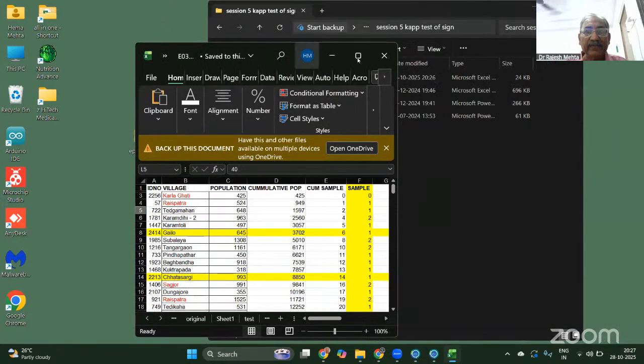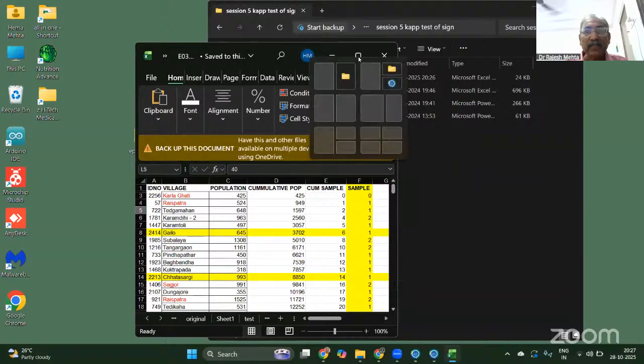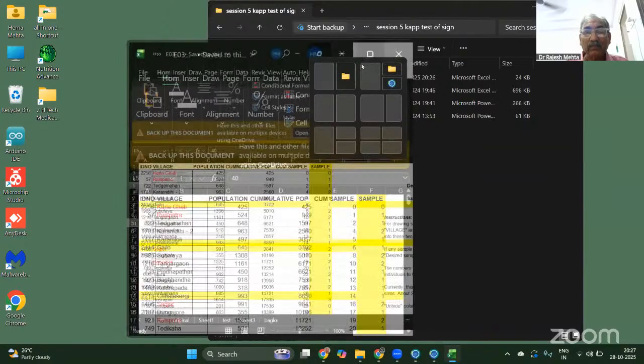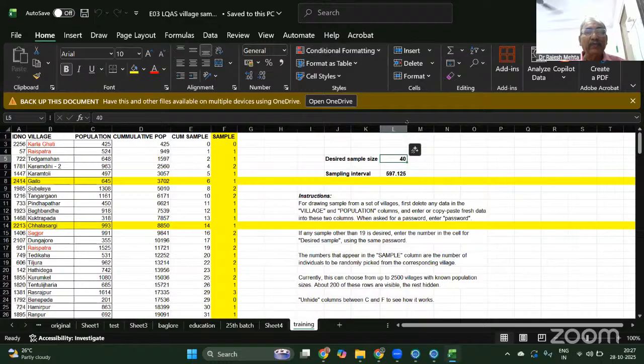Now remember, when we are doing this, it will be useful for you to do the sampling technique. This file is very, very useful for your training purpose and also in actual practice.